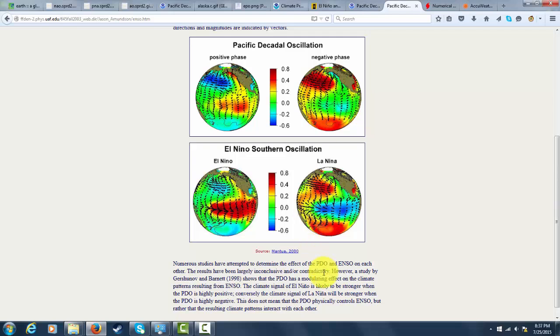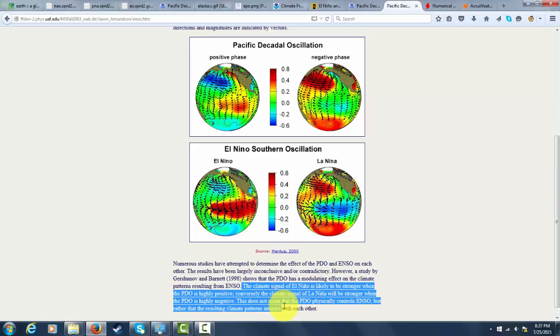However, it has been found that the climate signal of El Nino is likely to be stronger when the PDO is highly positive. Conversely, the climate signal of La Nina will be stronger when the PDO is highly negative.